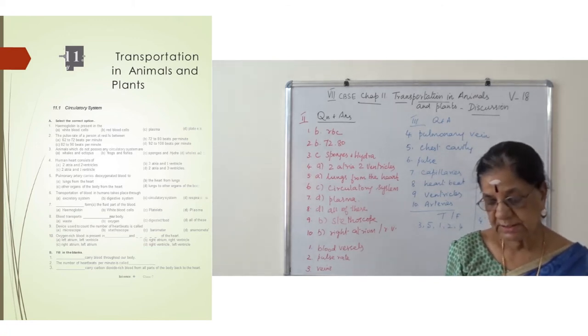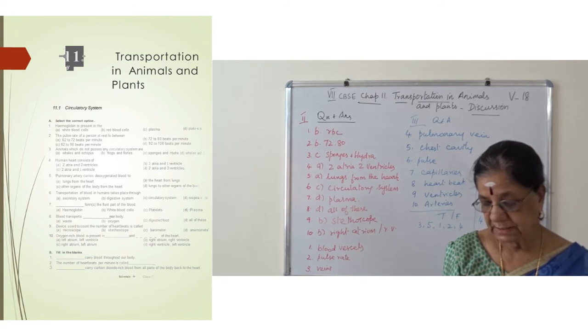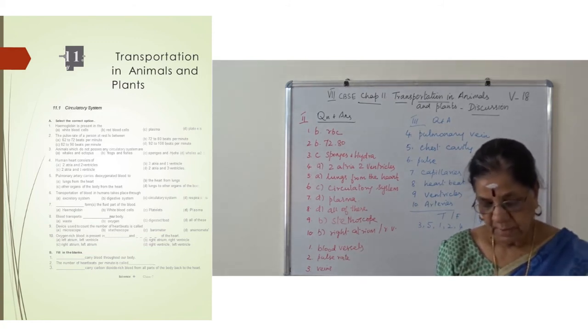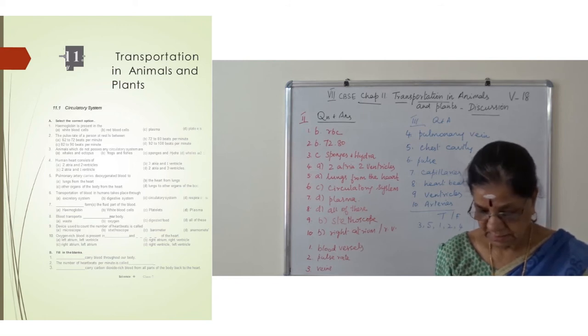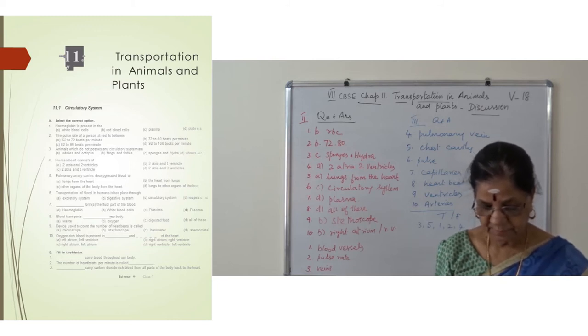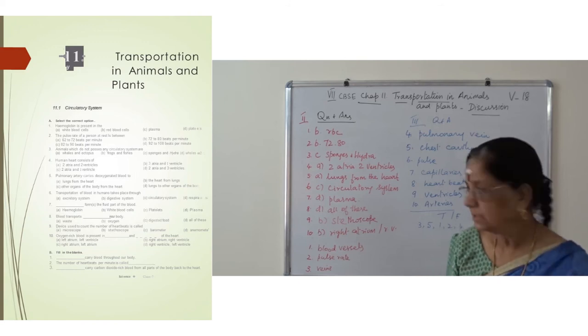Then oxygen rich blood is present in the left atrium and dash of the heart. Oxygen rich blood is present in the left atrium and left ventricle of the heart.